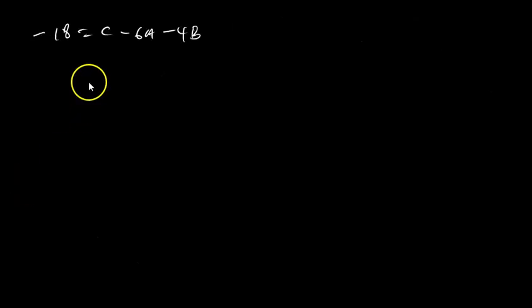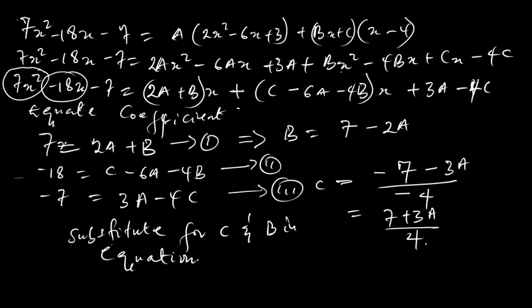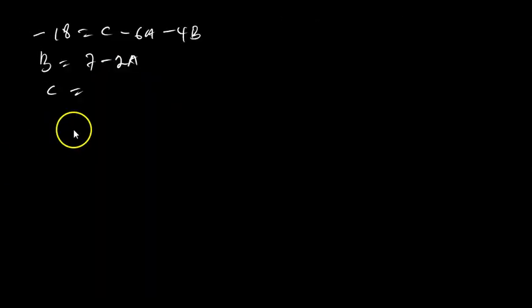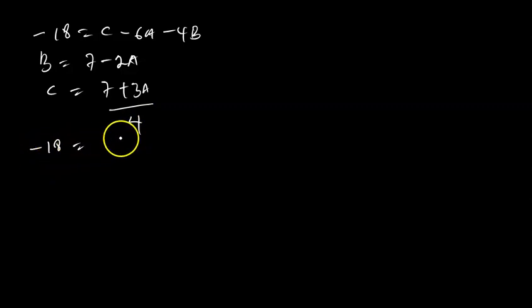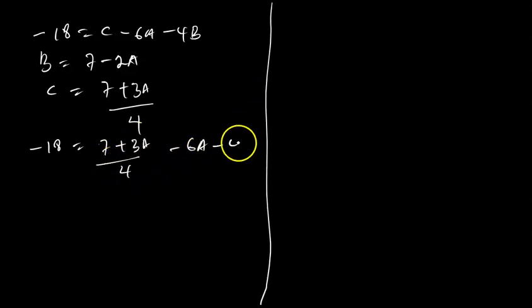Let's remember that b is the same thing as 7 minus 2a, and c is the same thing as 7 plus 3a over 4. So minus 18 will be the same thing as 7 plus 3a over 4 minus 6a minus 4b. In place of b, I want to put 7 minus 2a.